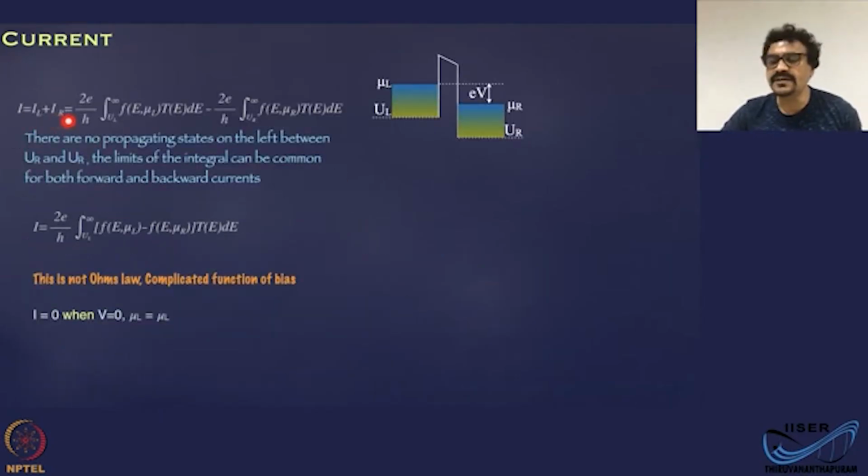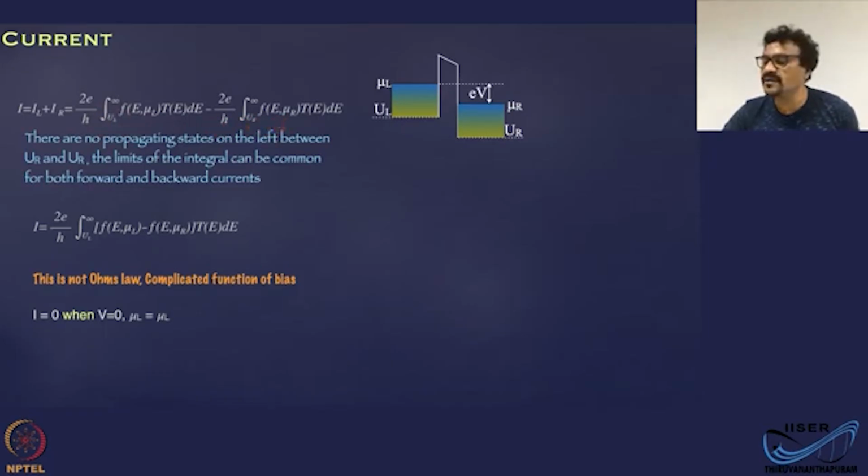Now the total current is the sum of these two terms, and the integral for left to right starts from UL and right to left starts from UR.